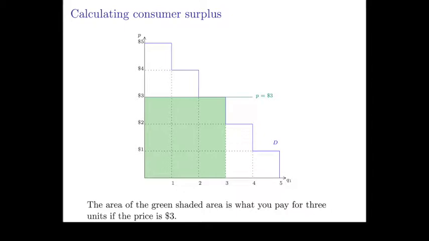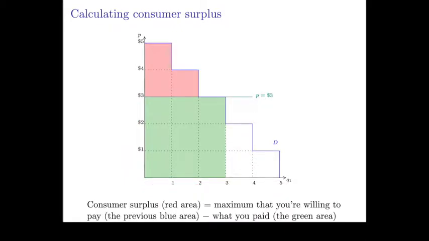The amount that you pay to acquire these 3 units is quantity times price. So it's 3 times 3, which is 9. You pay $9 to acquire these 3 pizzas. However, those 3 pizzas are worth $12 to you, which is the area that we had looked at before. This whole area.